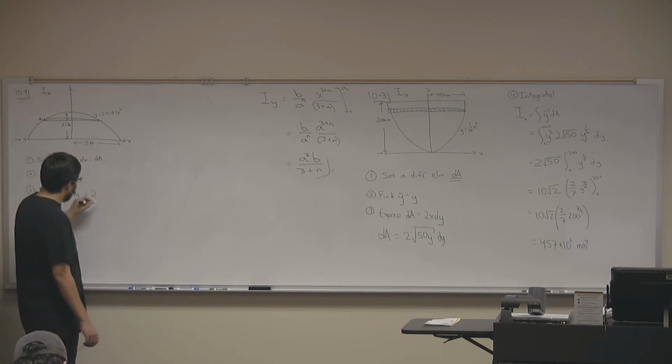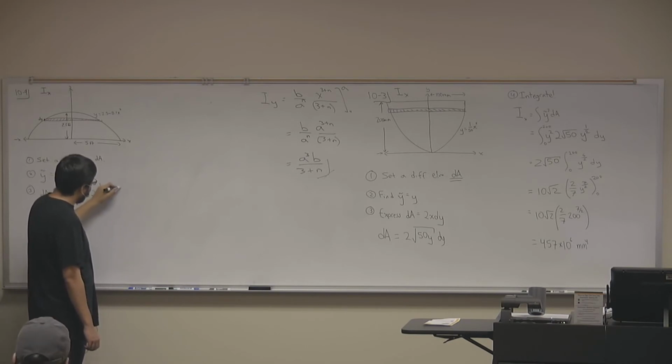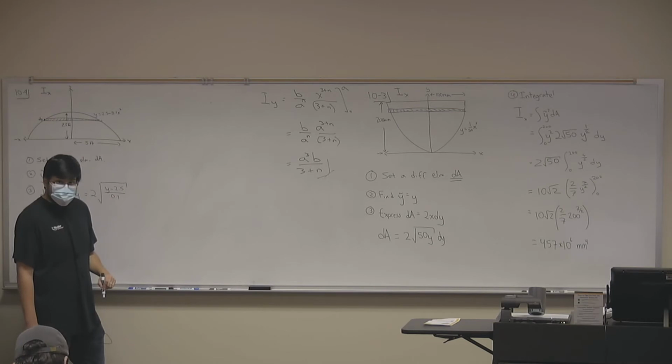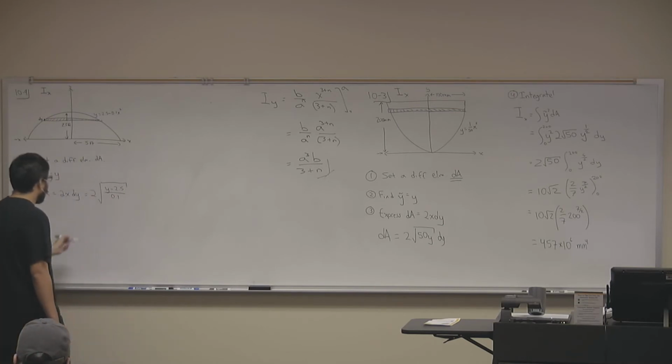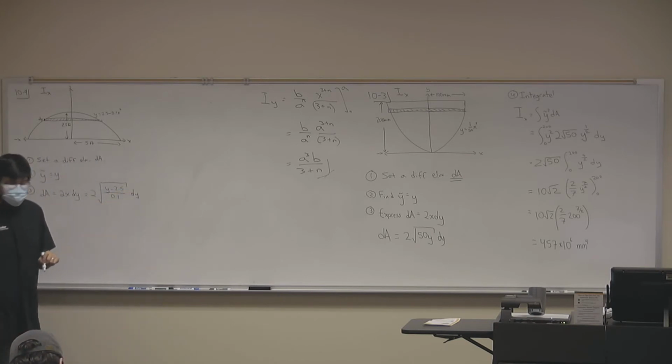The square root of y minus 2.5 over 0.1. Like that? Yes. All right, and then this multiplied by dy. Good luck integrating that.